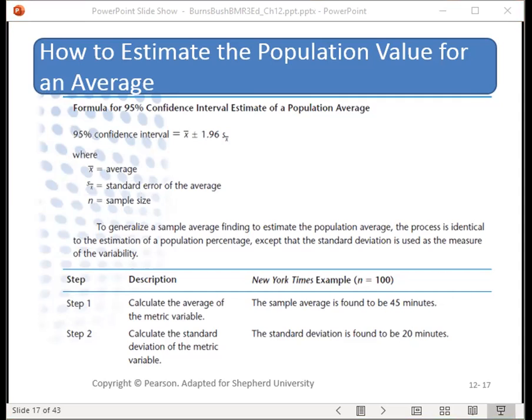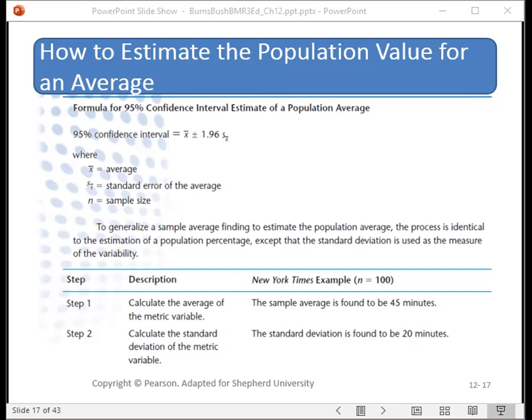The limit is we multiply the standard error times our Z factor of 1.96 for 95% confidence level, and we get our limit. And in this case, the limit is 3.9 minutes for this particular problem. The average was 45. So to get the lower bound estimate for the population in general, we subtract the limit from the average to get 41.1 minutes.